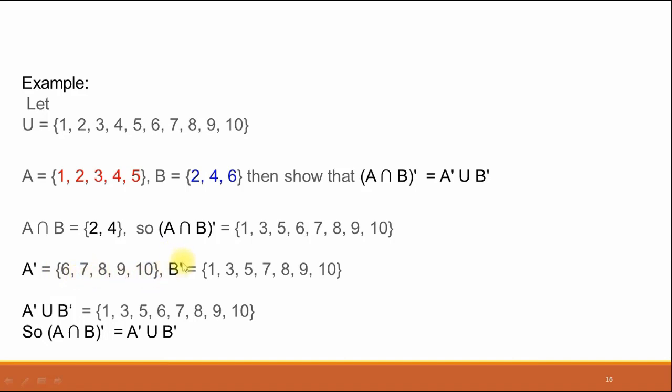Similarly for the complement of B, subtract set B from the universal set. Since B contains 2, 4 and 6, skip these three elements from the universal set, and the remaining elements are 1, 3, 5, 7, 8, 9, 10. So B' contains the elements 1, 3, 5, 7, 8, 9 and 10.